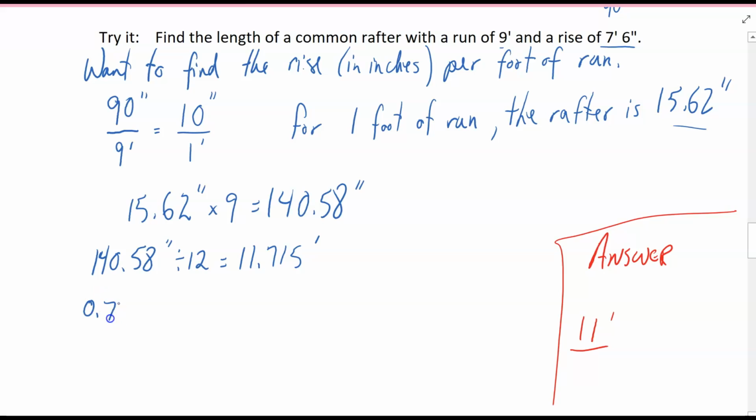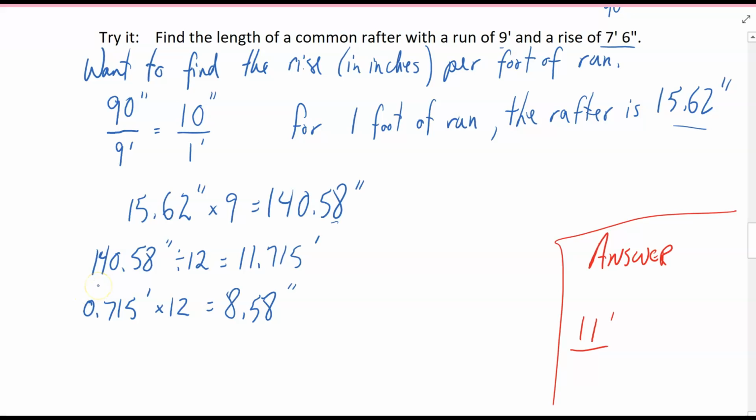So 0.715 feet times 12 is 8.58. Okay, makes sense that we're back to that same decimal value. 8.58 inches.